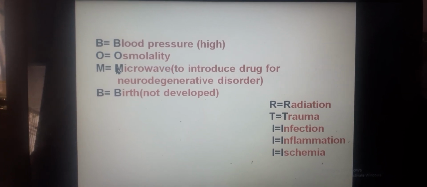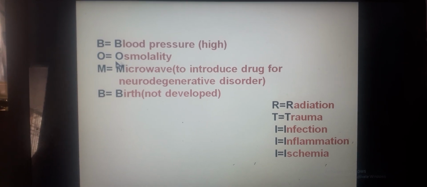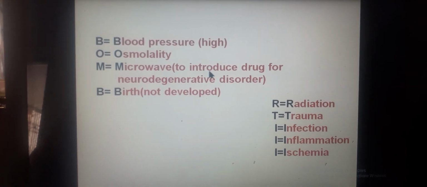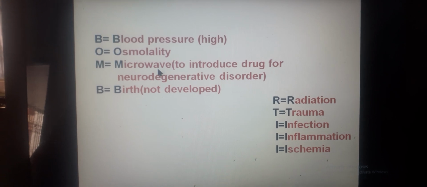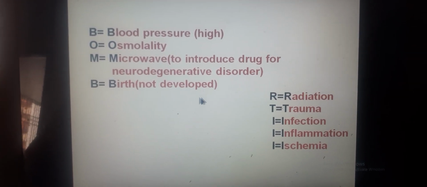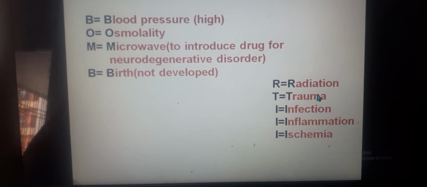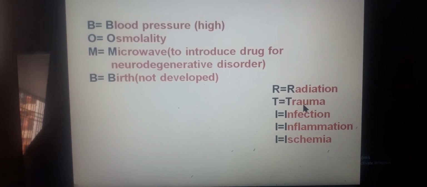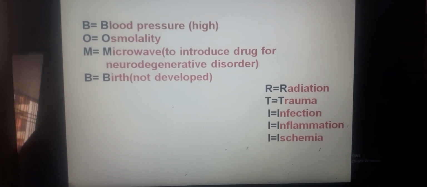O for high osmolality, that is high concentration of a substance. M for microwave, used to introduce drugs for neurodegenerative disorders. B for birth: at birth it is not developed. And RATI: R for radiation, T for trauma, I for infection, inflammation and ischemia. They destroy the blood-brain barrier.